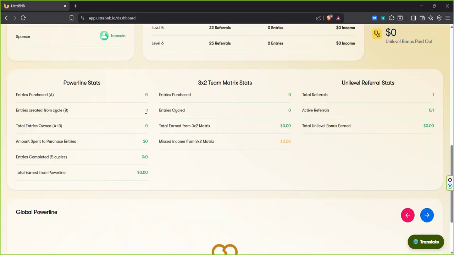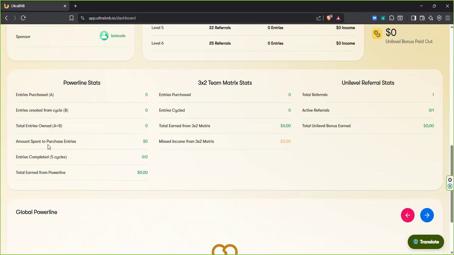And now you will have that shown here as total entries created from the purchased entry A, 5, and it will be recorded here too, which is the total entries owned from A and B. So it will add both entries A and B together and give you a total number of entries created by yourself and also by the system in the form of re-entries. So the total will then be recorded here as 6 for you.